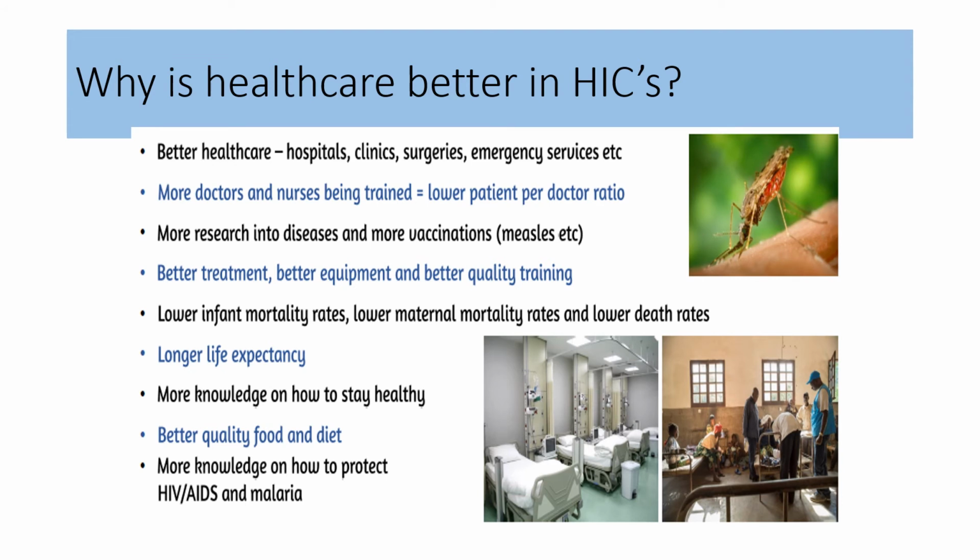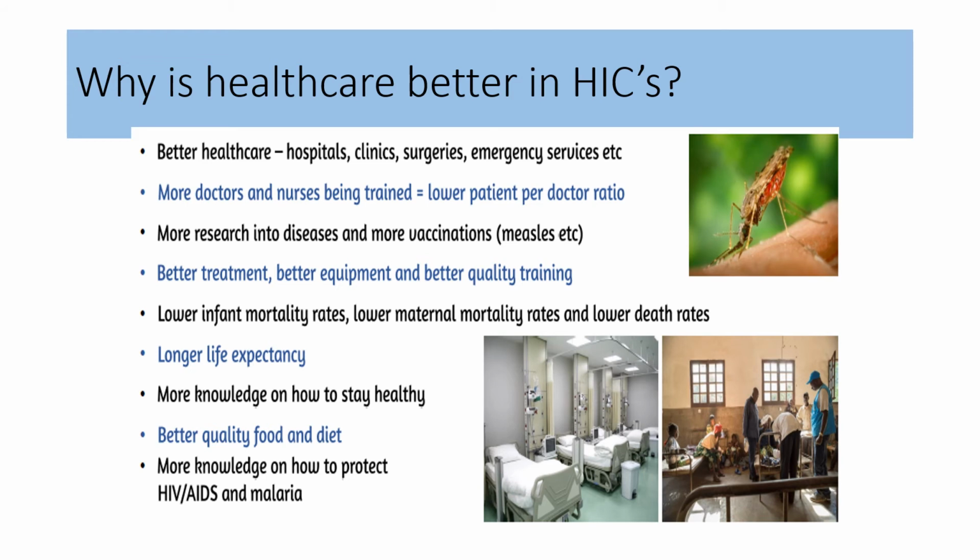This pandemic has been proof of that. As a high-income country, we've managed to be one of the first countries to actually come up with vaccinations. Better treatment, better equipment, better quality training, absolutely. Lower infant mortality rates, lower maternal mortality rates, and lower death rates, just in general. Longer life expectancy. We have more knowledge on how to stay healthy.